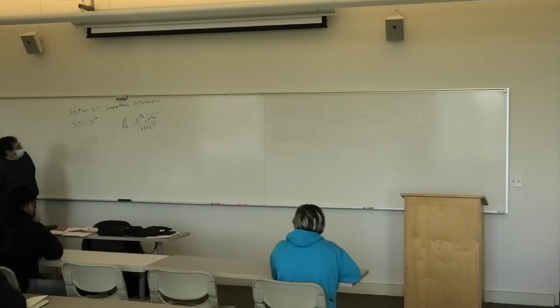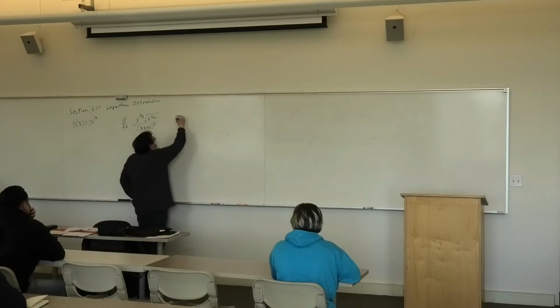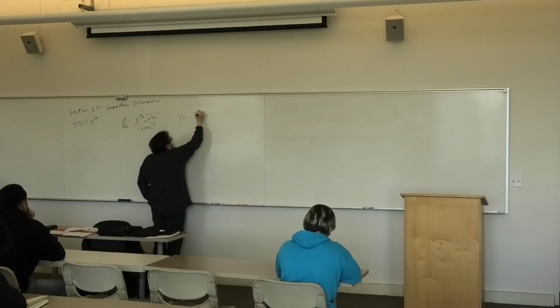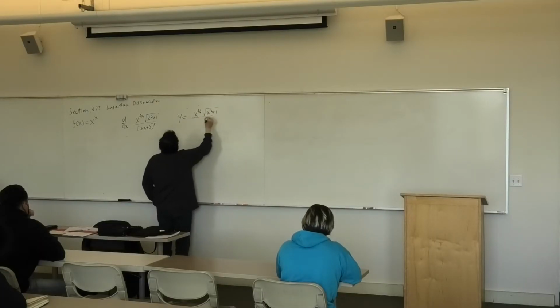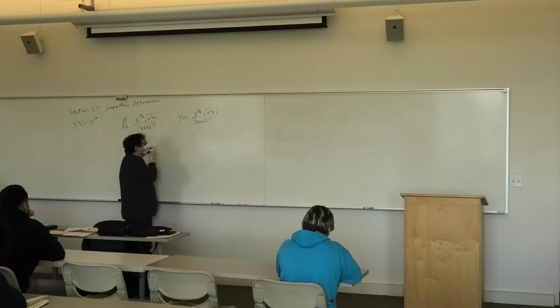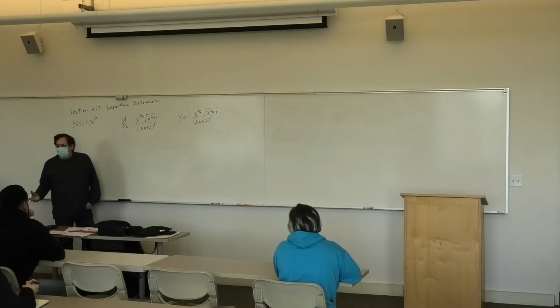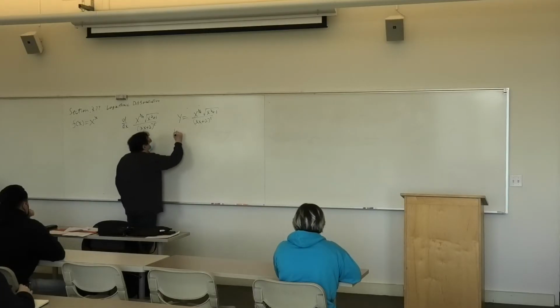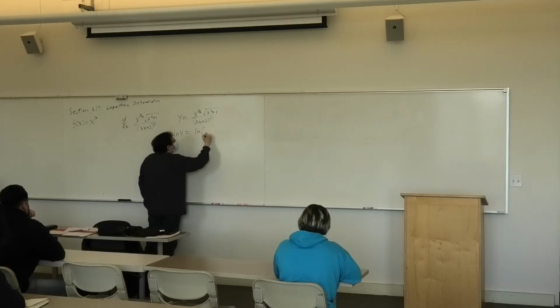But it turns out we have a way to get around all this complication in a problem like this. So the way we do this, we're going to write this as y equals x to the 3/4 times x squared plus 1, over 3x plus 2 to the 5th. And our first step is to take the log of both sides. We're going to use the natural log.